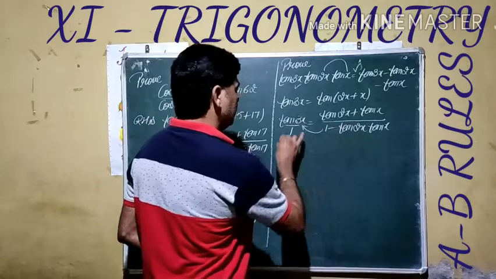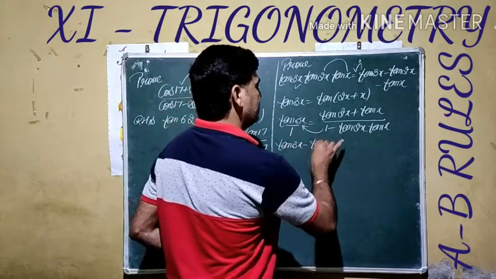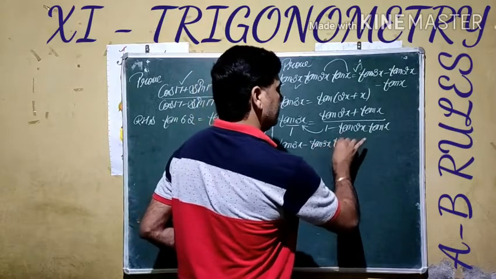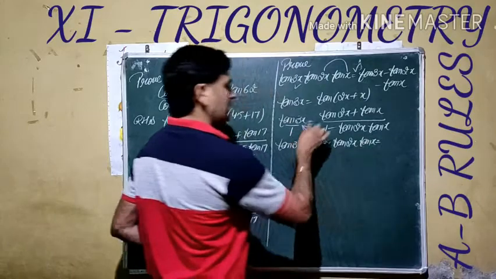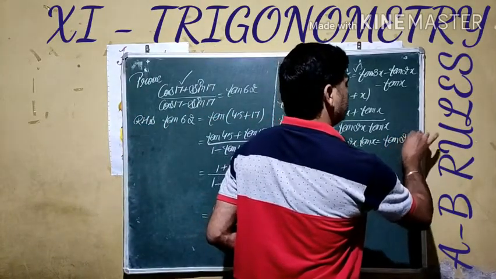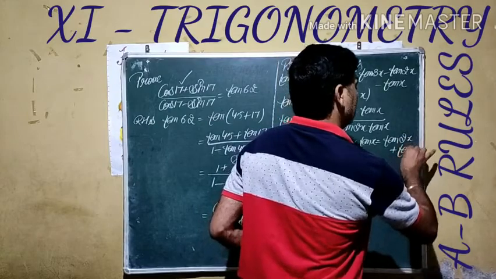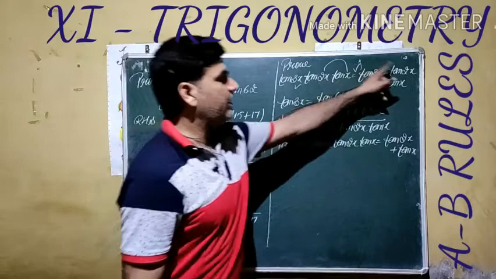Tangent 3x multiplied by these two, we get tangent 3x minus tangent 3x tangent 2x tangent x. On the right hand side, 1 multiplied by these two terms, no change, so it remains the same, tangent 2x plus tangent x.